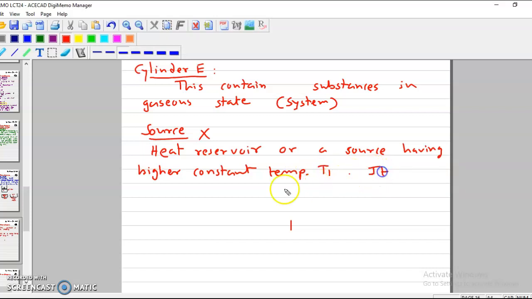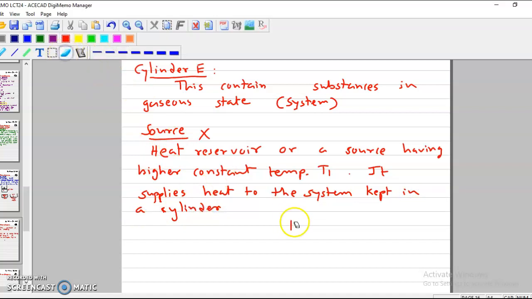It supplies heat to the system kept in a cylinder. So this is the main function of the source X.